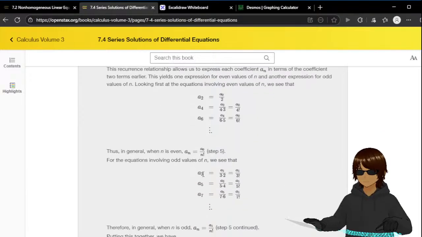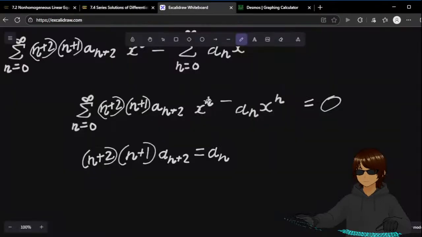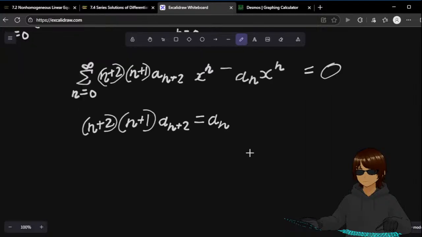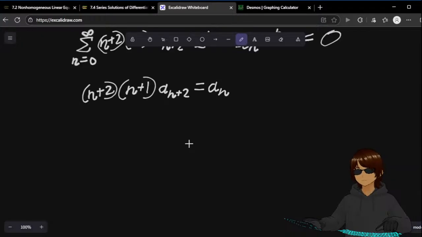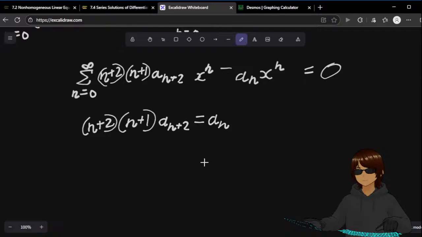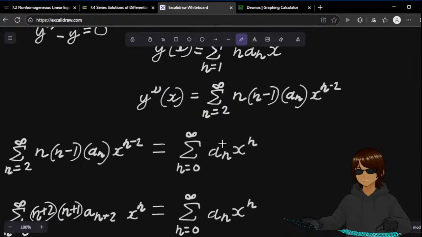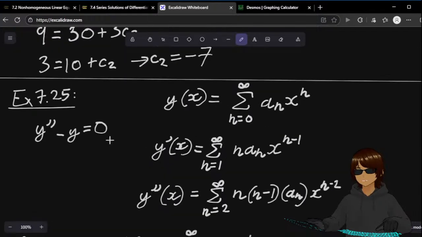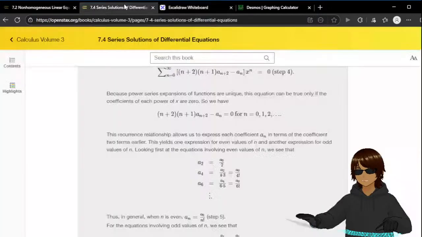4 factorial, 6 factorial. Recurrence relation. So how did they get y of x?